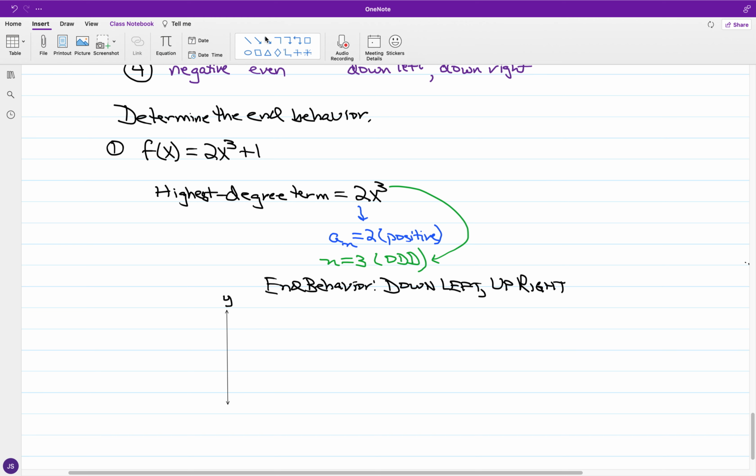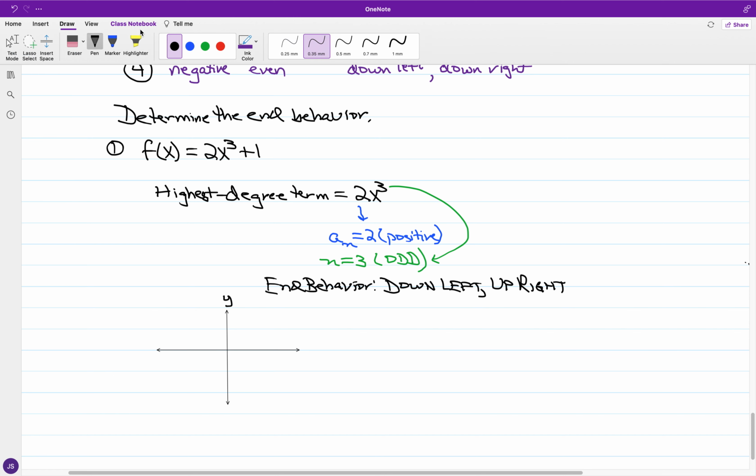So y-axis, x-axis. Again, this is going to be a rough sketch, but for the end behavior, you have down to the left, up to the right.